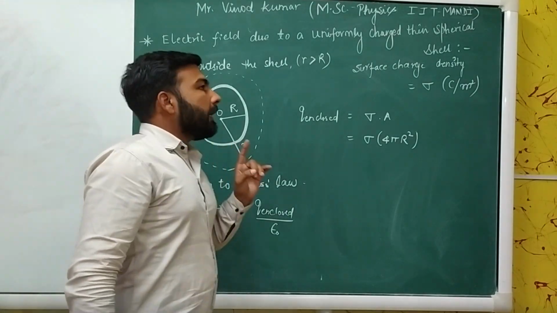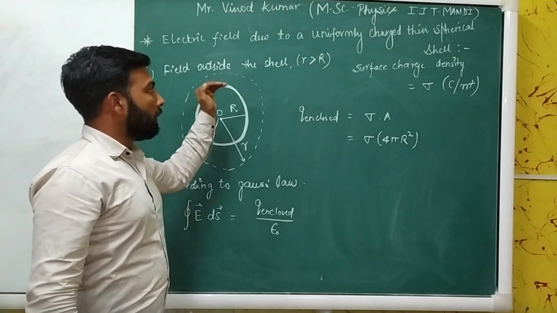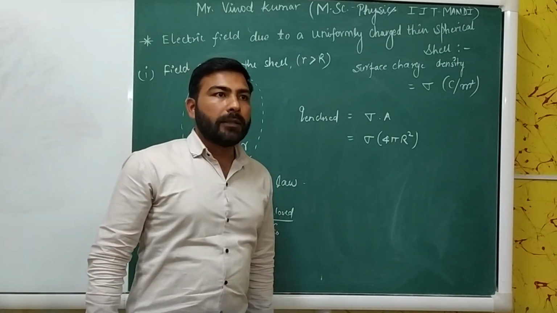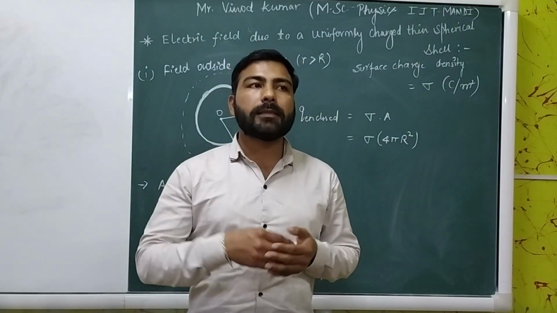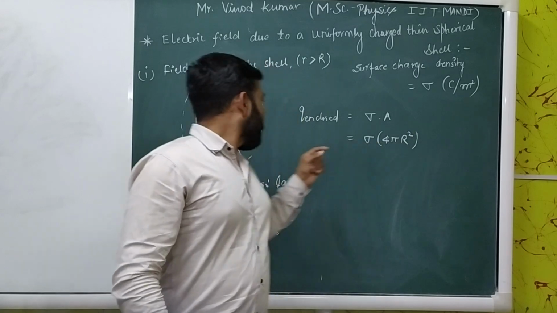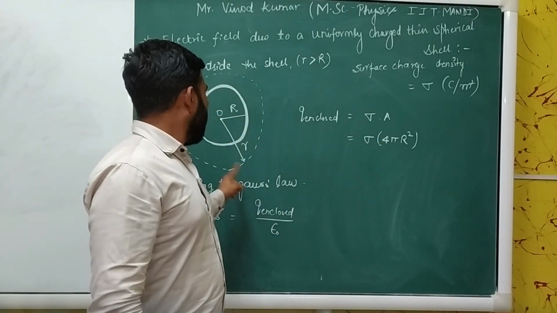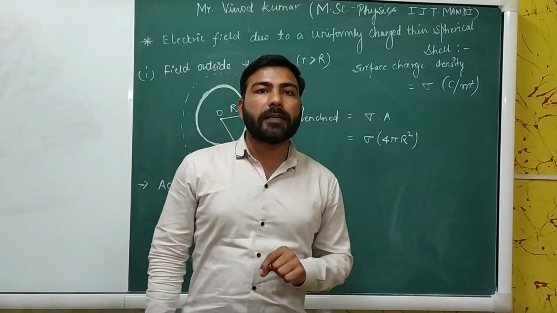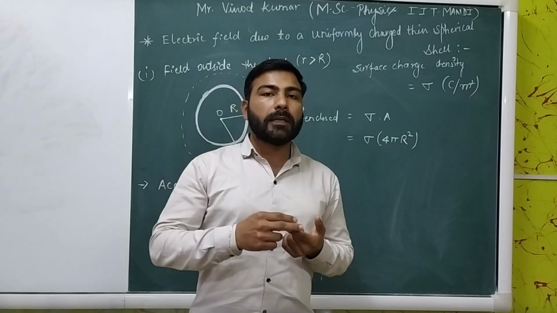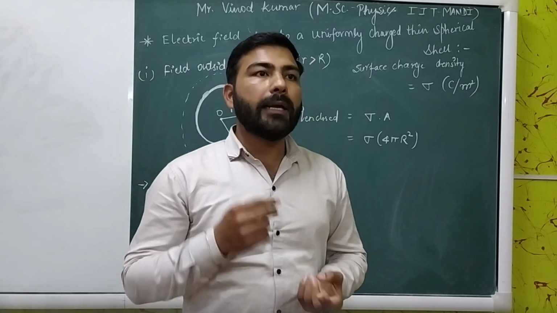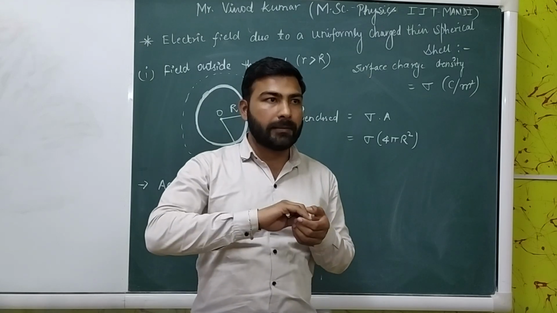Now, as we know, if there is a positive charge accumulated on the thin spherical cell, then the field due to positive charge is normally outwards. Fine. And now the area vector of this outer Gaussian surface will also be normally outwards. That means the direction of electric field and the direction of area vector are the same in this case.